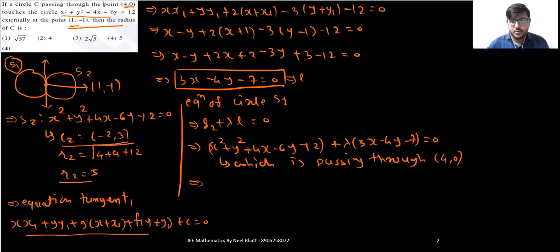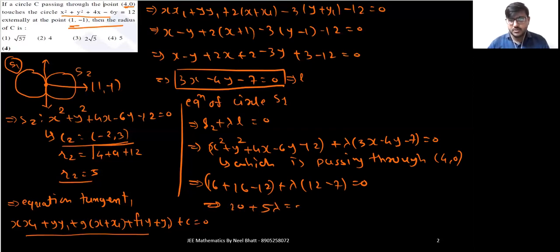You just check, we have given a point (4, 0). So let's put 4 and 0 in this case. So 4 square, that is 16, plus 0 plus 16 minus 12 plus lambda, 3 into 4, which is 12, 0 minus 7 equals to 0. So 16 plus 16 minus 12, it is 20, plus 5 lambda equals to 0.